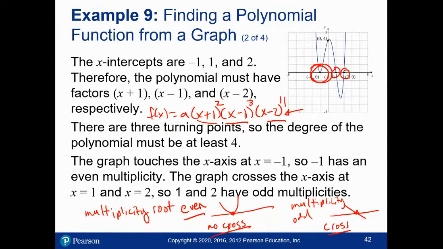So if I tried to graph this, I would reasonably expect to probably have 15 turning points. And since this graph only has 3, we're probably only looking at a degree 4 polynomial. So once I accomplished that with this, I figured I was probably done. Also, that coefficient out in front had better be positive because my end behavior is positive in both directions. And that matches up with a degree 4 polynomial with a positive coefficient out in front.